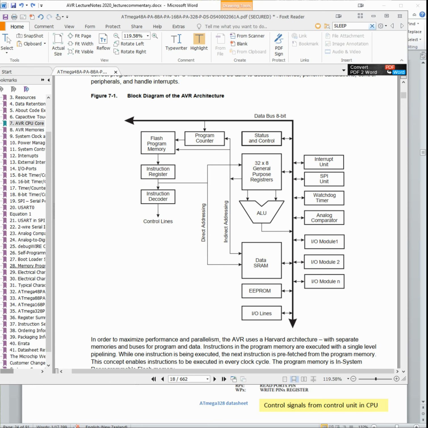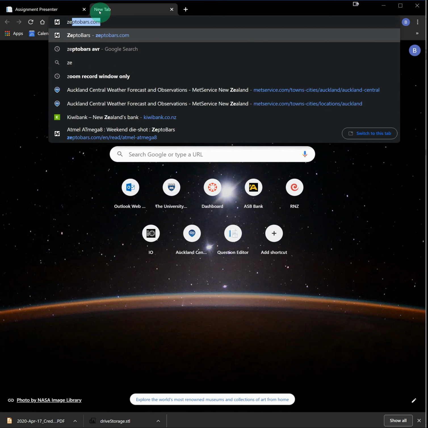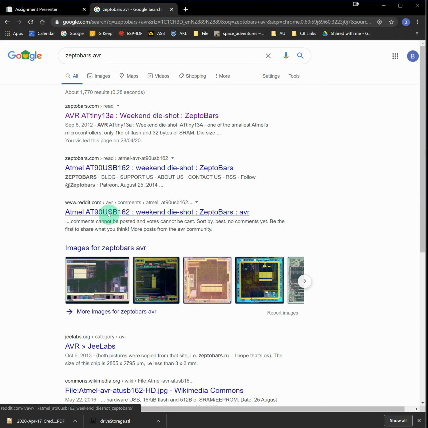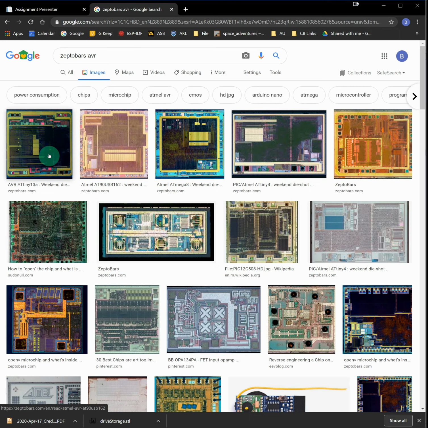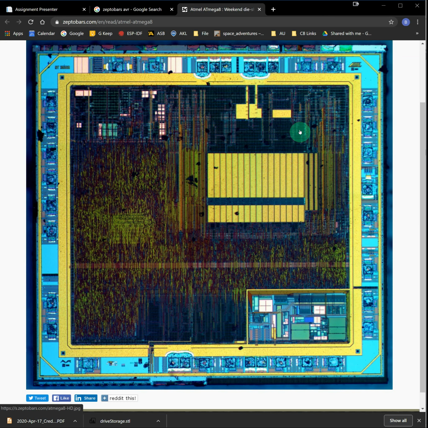If we looked inside a microcontroller, for instance, let's go to Zepto bars, and we'll look for an AVR, and we'll look inside an Atmel8. So this is looking inside the plastic of the microcontroller to see the electronic circuit itself. So what have we got? We've got a whole lot of regular pieces, a lot of lines.